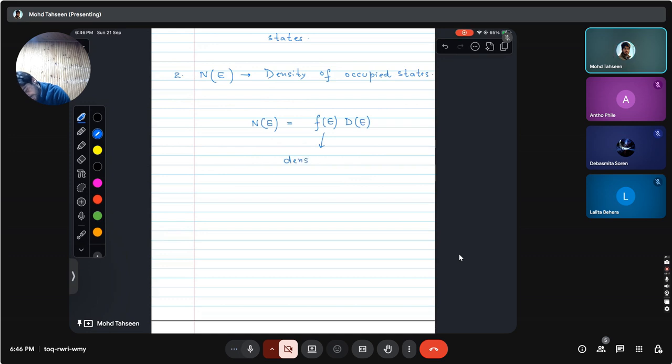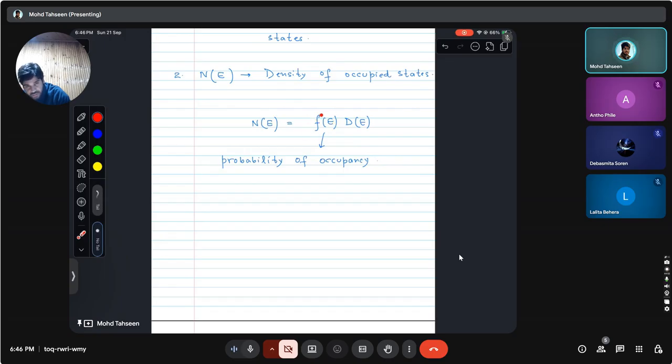It's the probability of occupancy. Given an energy level E, what is the probability that that energy level is occupied? That is given by this factor F of E, and this we already know from our previous discussions.